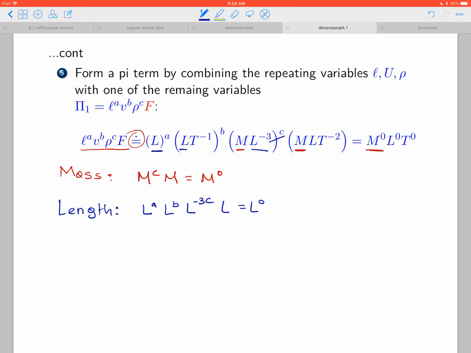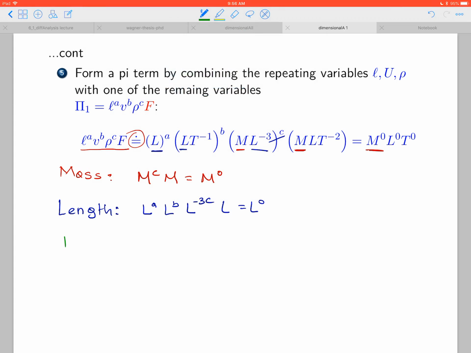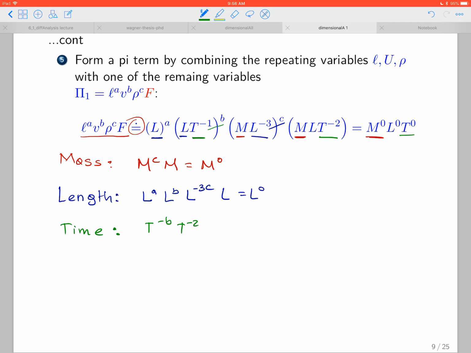And the final one will be time. So for time, we have time to the negative b, so t to the minus b, and we have t to the negative 2, and that should be equal to t to the 0.